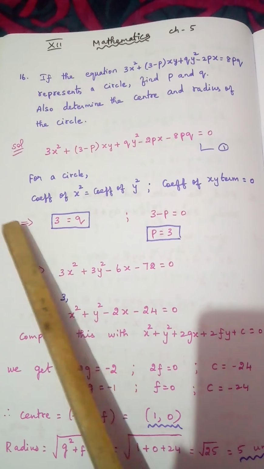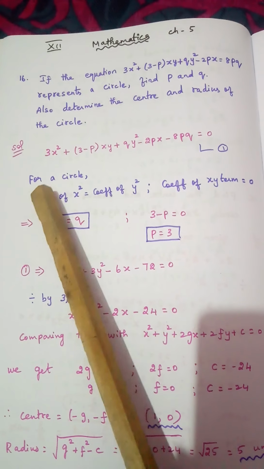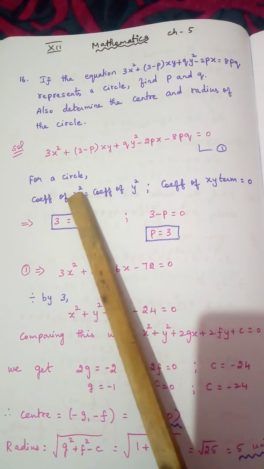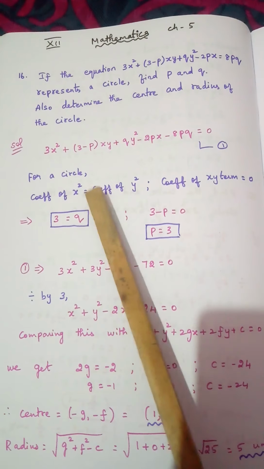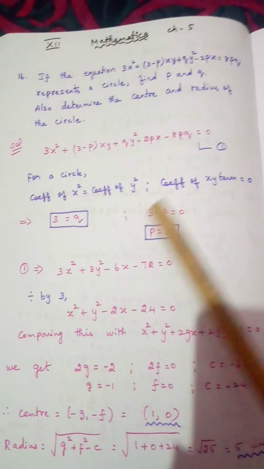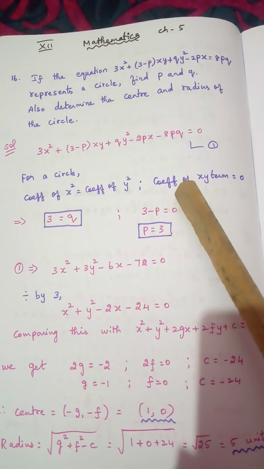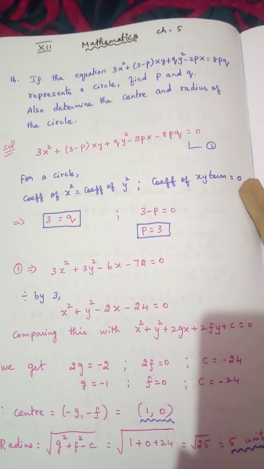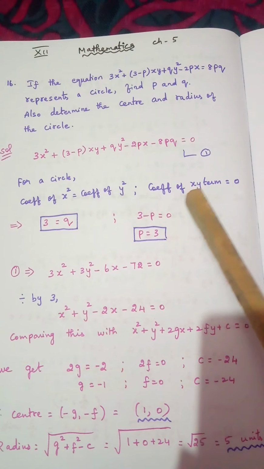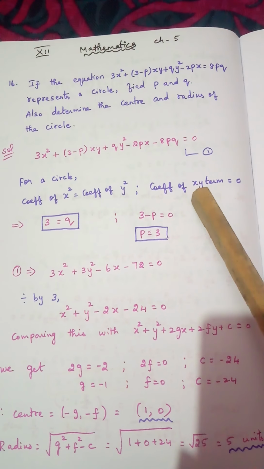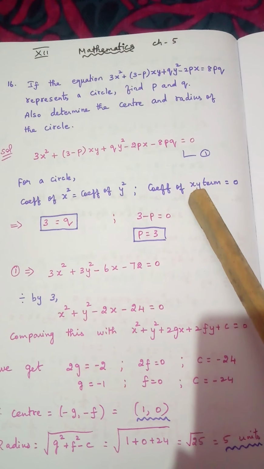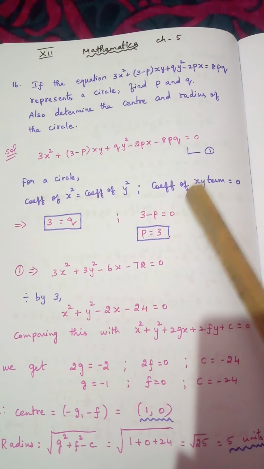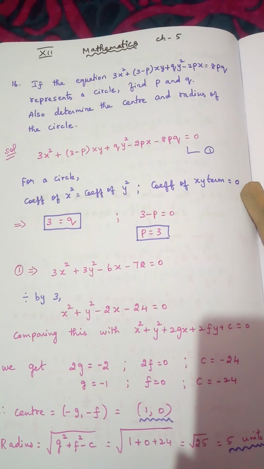Coefficient of x square and coefficient of y square should be equal. And the second condition is coefficient of xy term should be equal to 0. Or otherwise we can say equation should not contain xy term.